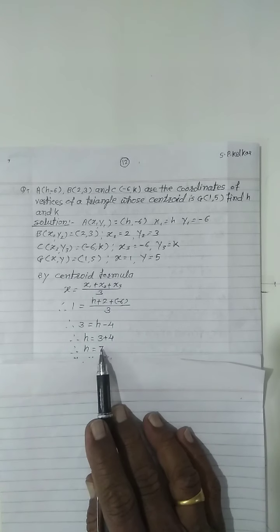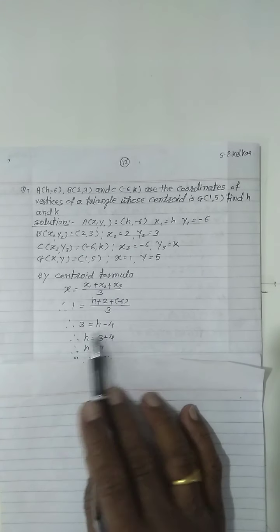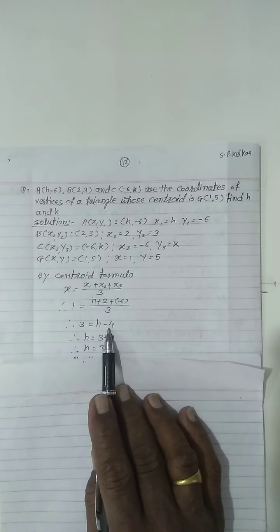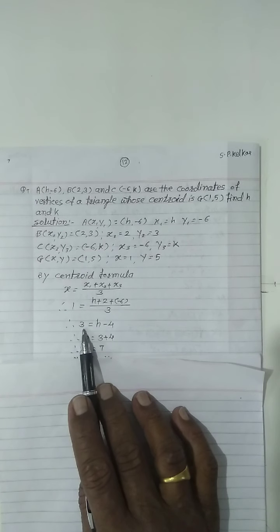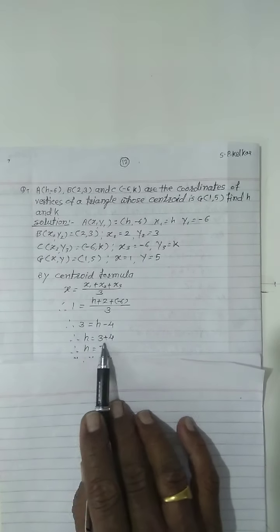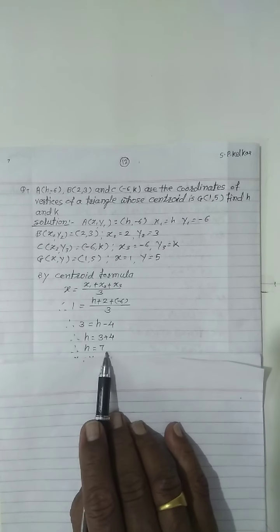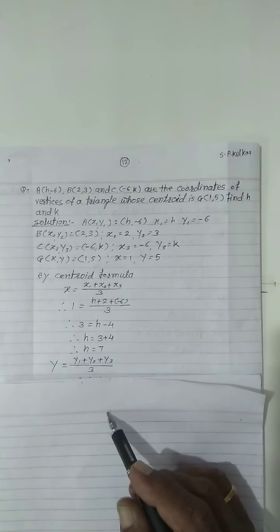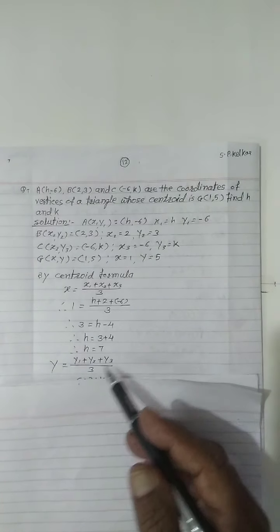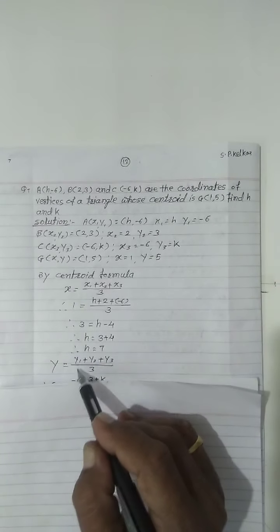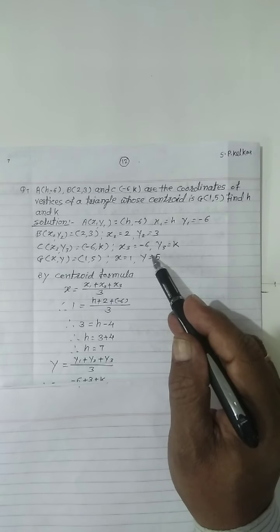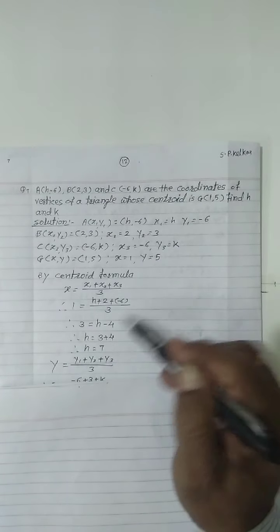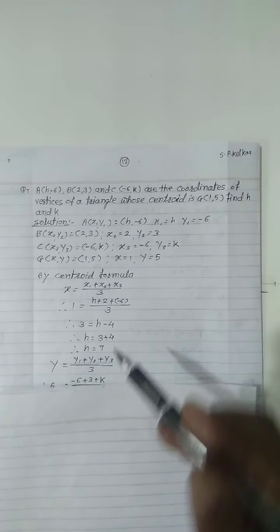Then this -4 goes to the left side and changes its sign, converted to plus 4, so h equal to 3 plus 4, then h equal to 7. Then put the values of y1, y2, y3: y equal to 5, y1 equal to -6, y2 equal to 3, y3 equal to k.